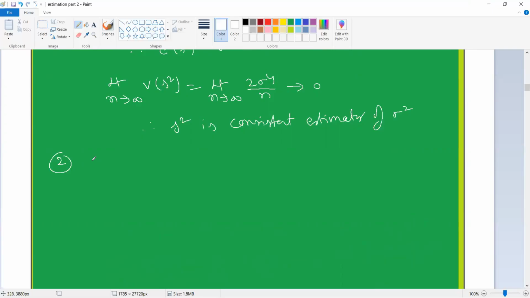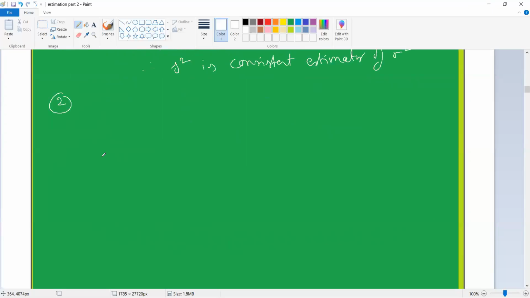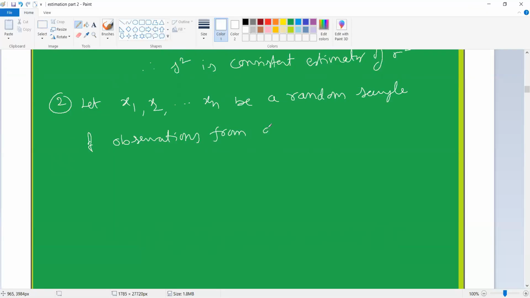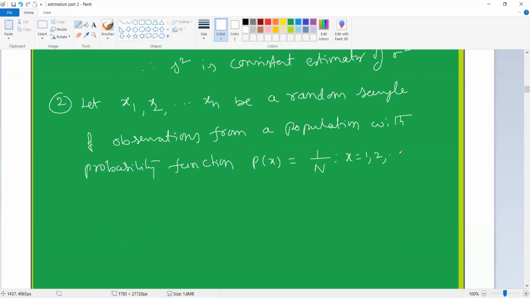Example 2. Let X1, X2, and so on Xn be a random sample of observations from a population with probability function p of x equal to 1 by n, x equal to 1, 2, 3, and so on n.